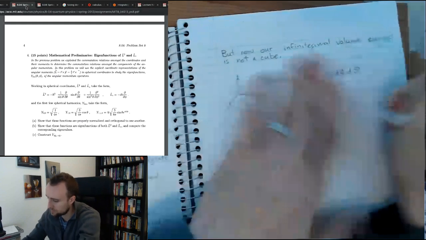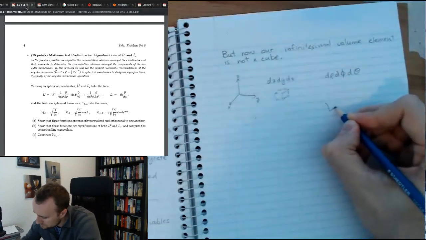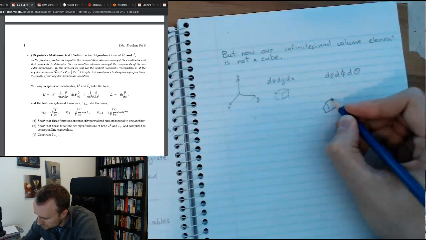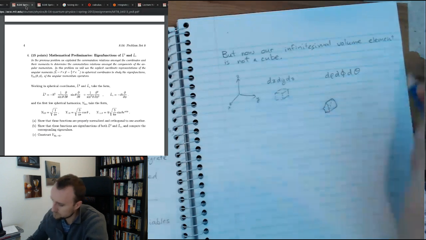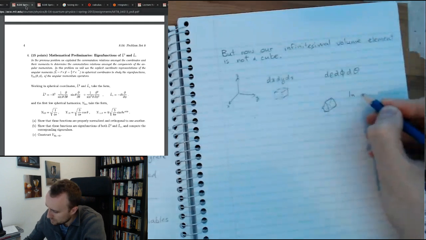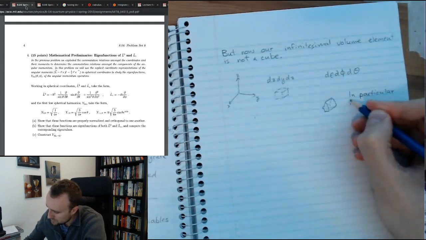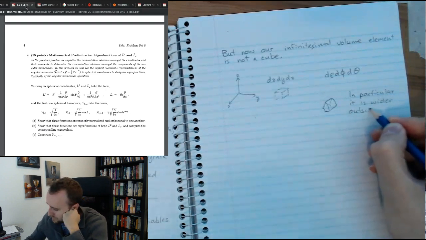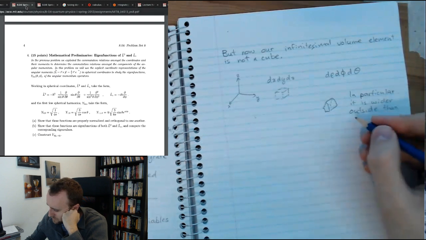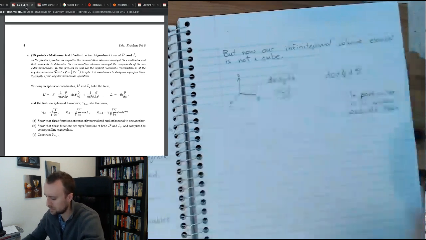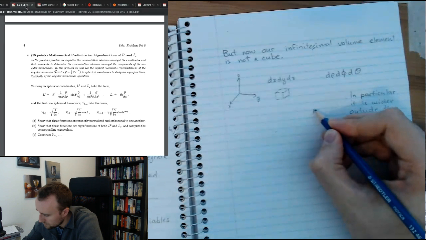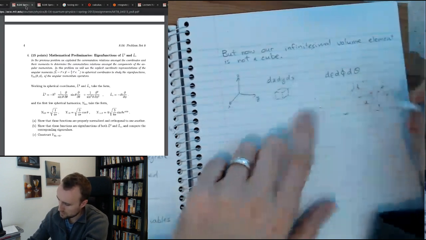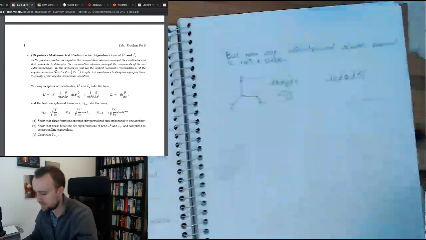How can I draw this a bit better? Let's draw it like this. In particular, it is wider, it's actually not like this. So what are we doing here?